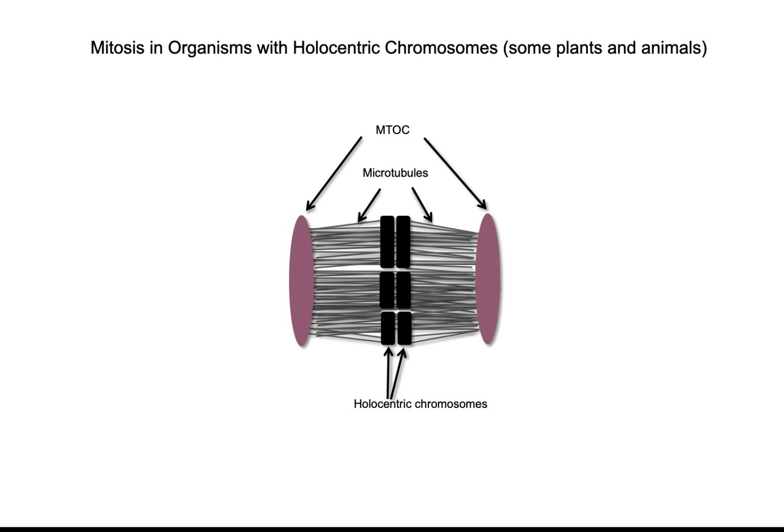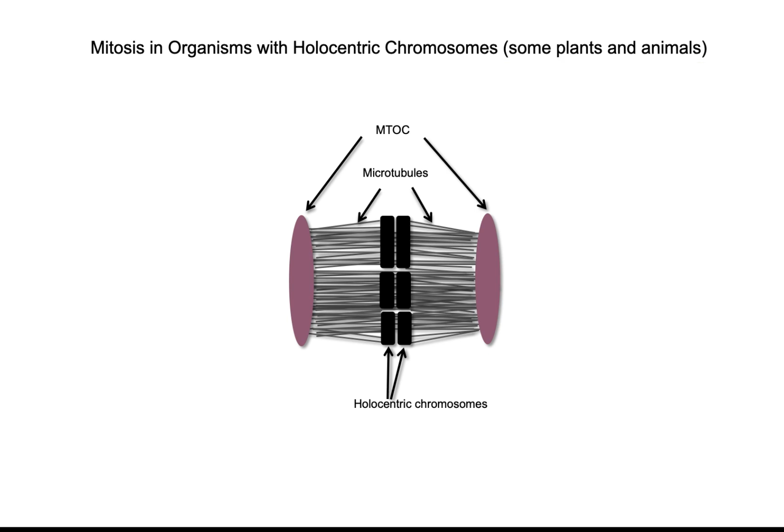For most organisms, the kinetochore microtubules attach the chromosome to the microtubule organizing center. But in a few plants and animals, they have holocentric chromosomes. So the microtubules essentially attach to multiple sites on those chromosomes and attach those to the MTOCs for preparation of mitosis.